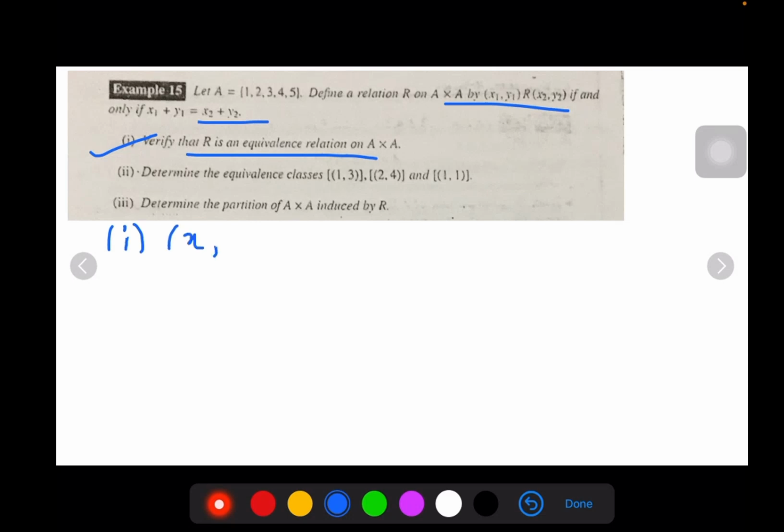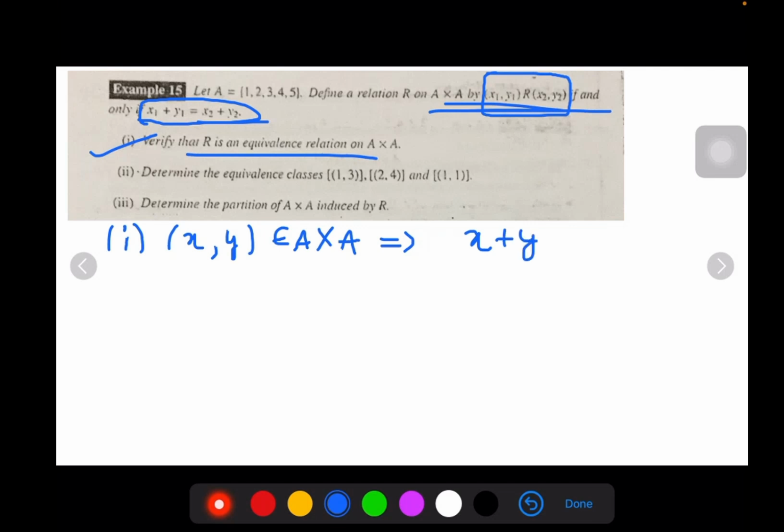So I will take (x, y) belongs to A × A. As per the definition here, if two elements are related under R, then, since there is an if and only if, they have to be both equal. So as per that, I can write x + y is equal to x + y itself.